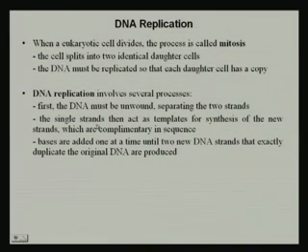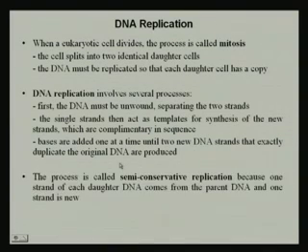The single strands then act as a template for synthesis of the new strand, which are complementary in sequence. The bases are added one at a time until the two new strands are formed that exactly duplicate the original DNA.